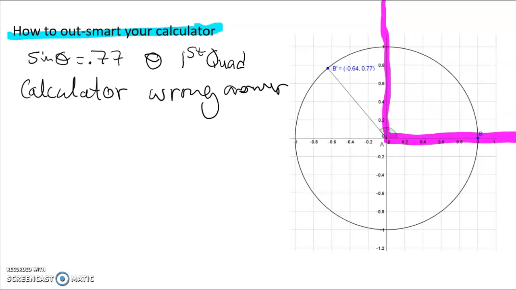So your calculator will always give you the right answer as long as you ask it to do a first quadrant.